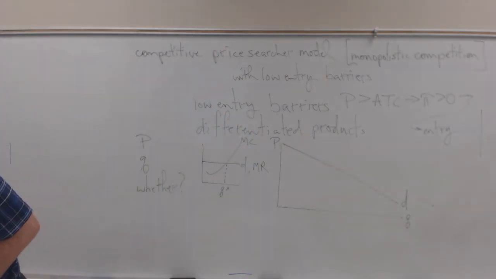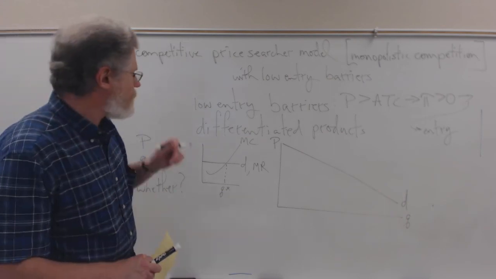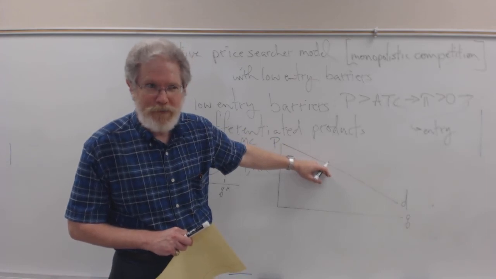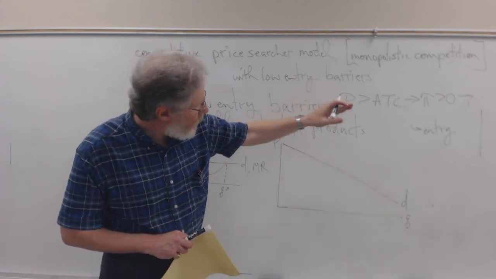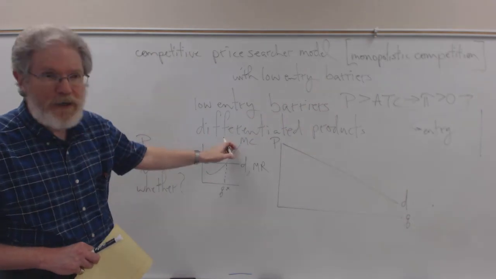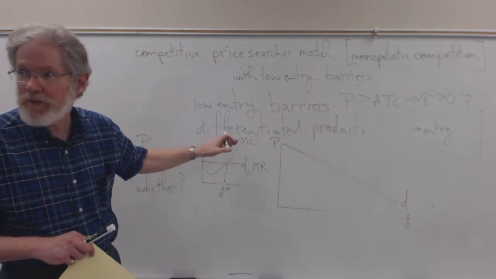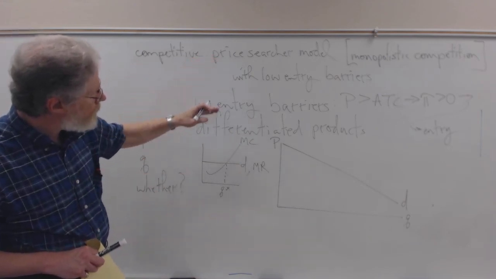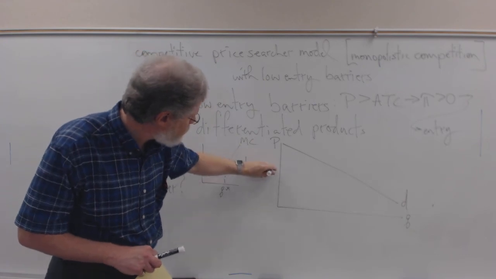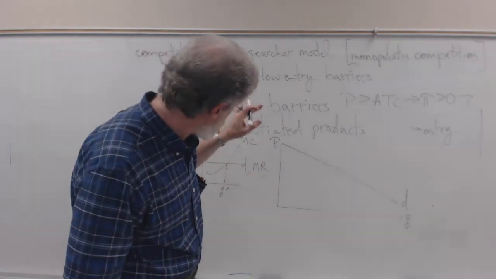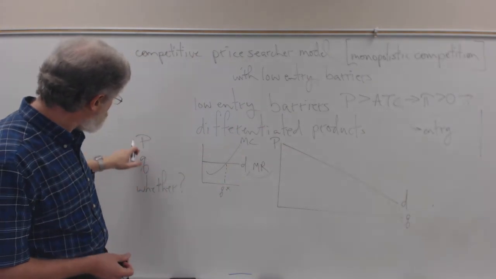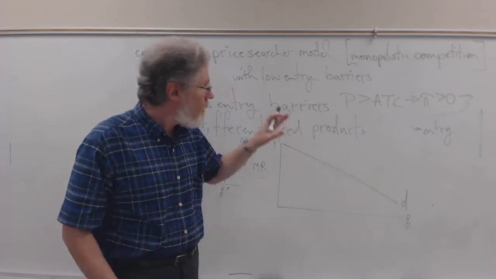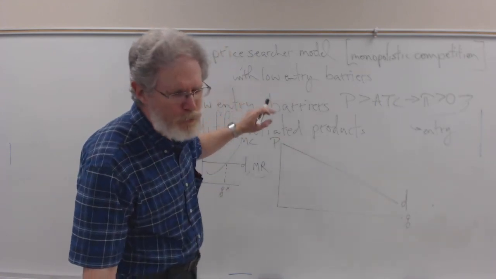And it's not obvious from this demand curve. Okay? The marginal cost curve is going to look the same as for the price taker firm. No difference there. The big difference between price searchers and price takers has to do with marginal revenue. Okay? So for us to answer the quantity question and the price question, we got to figure out what is marginal revenue for a price searcher firm. Okay? So that's what we'll look at next.